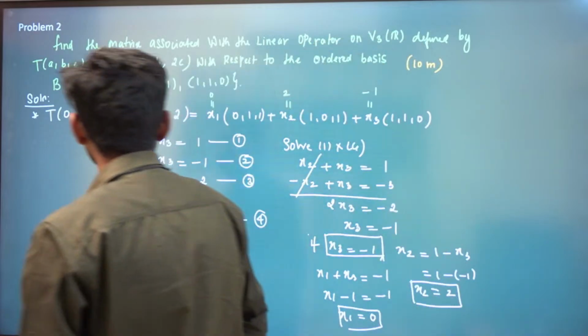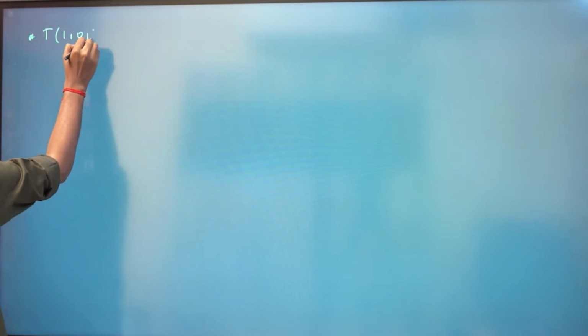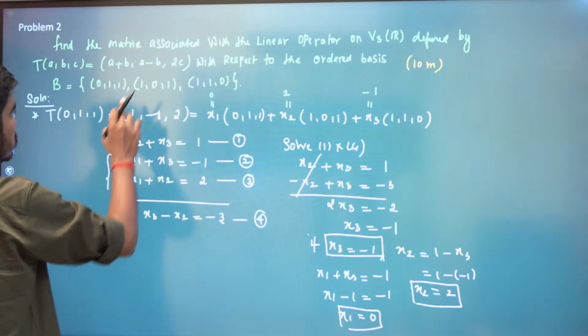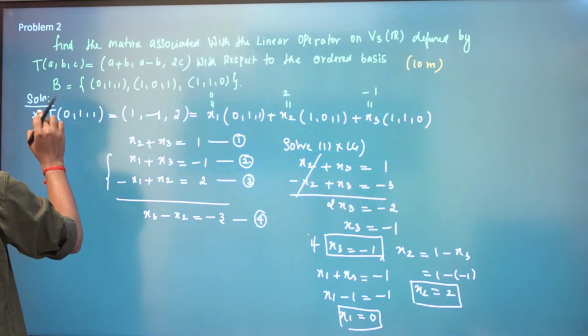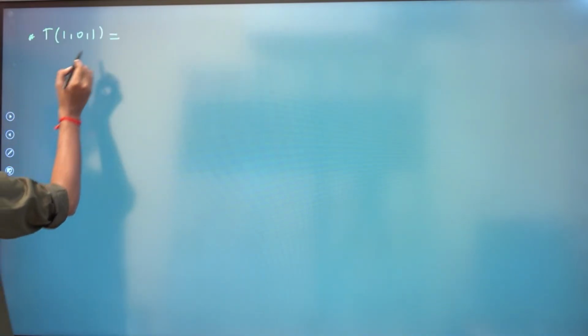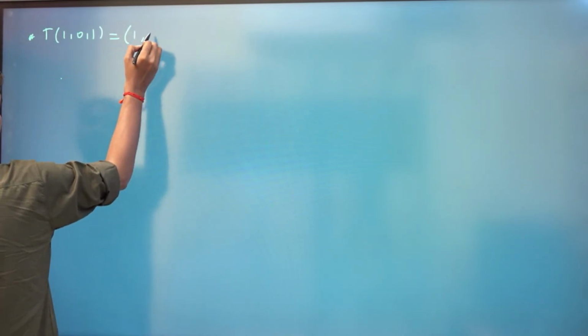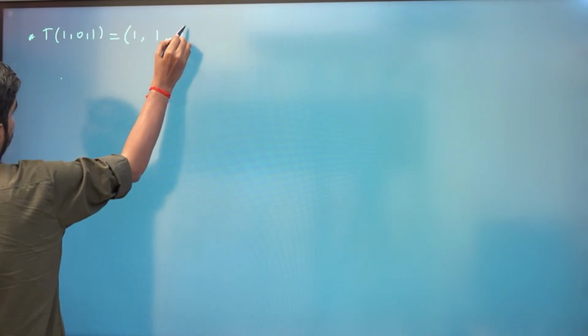Okay, now we'll move on to finding the second output vector. Now we will find T of 1 comma 0 comma 1, right? So a plus b, a minus b, 2c: 1 plus 0, 1 minus 0, and then 2c, that is 1 comma 1 comma 2.